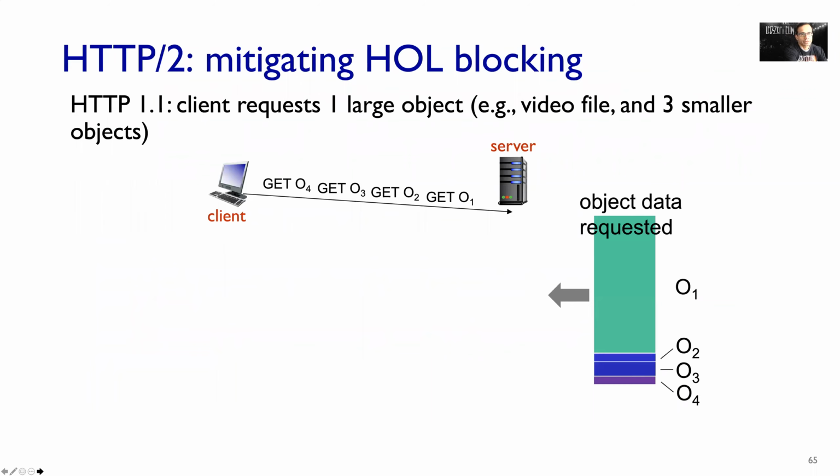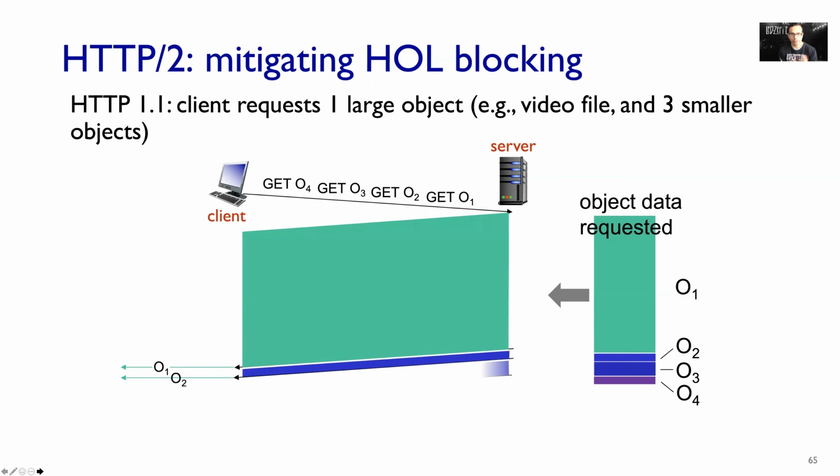So if you look at how HTTP 1.1 works, if you have, say, 4 objects there, as you see in this slide, and let's say the first object is a very large object, say a video file, and then you have 3 smaller objects behind it, then the server will service them in the order in which they're requested, right?